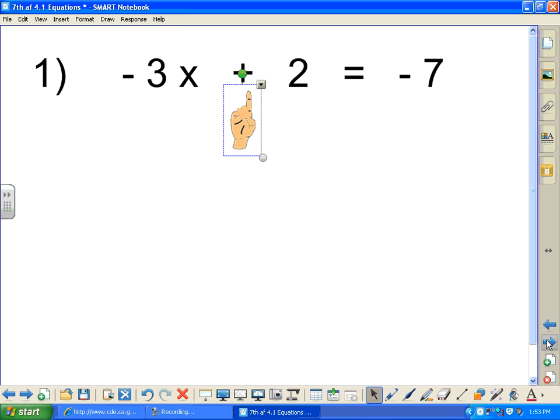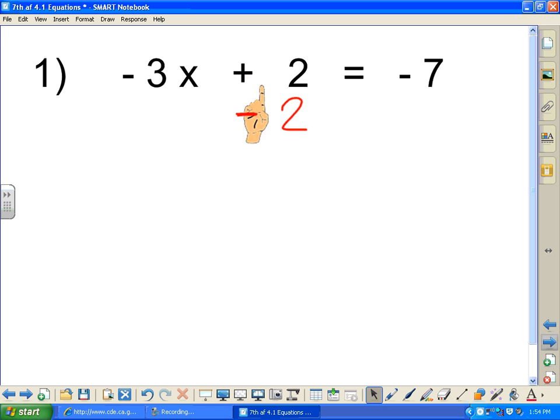And this +2, the thing I'm going to ask you is, what operation is this here? It's addition. We need to bring in the inverse operation of adding. And the inverse operation of adding is subtracting, isn't it? And what do we need to do? We need to subtract 2 because we want to get rid of this +2.